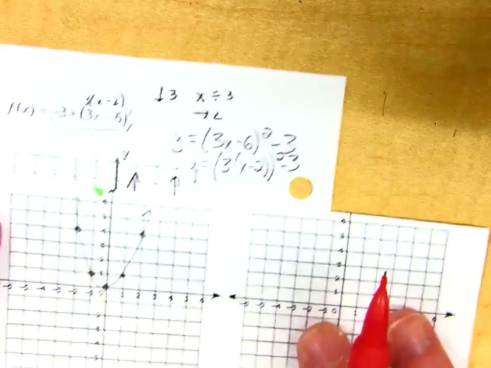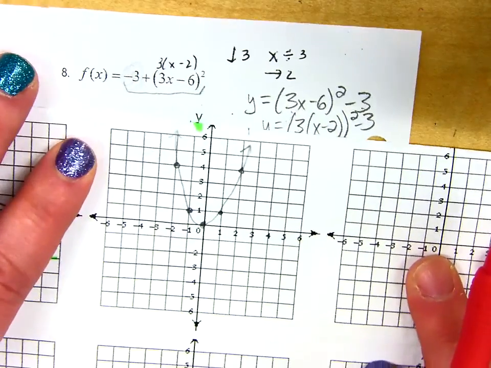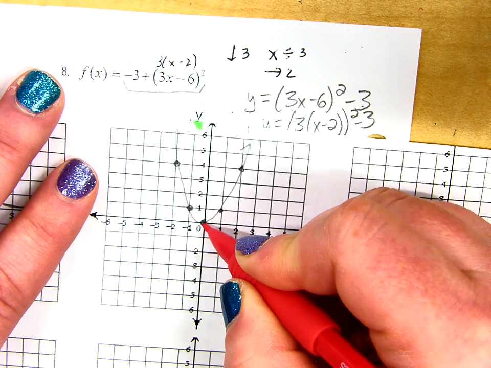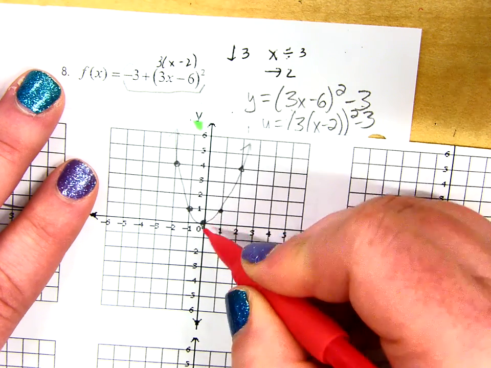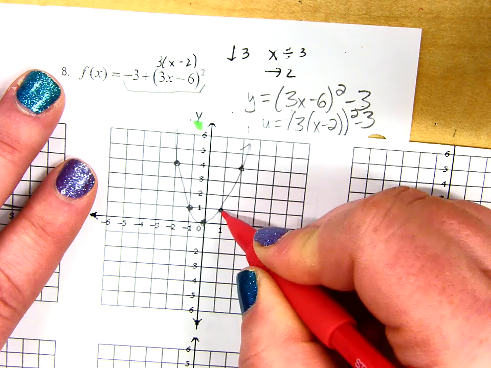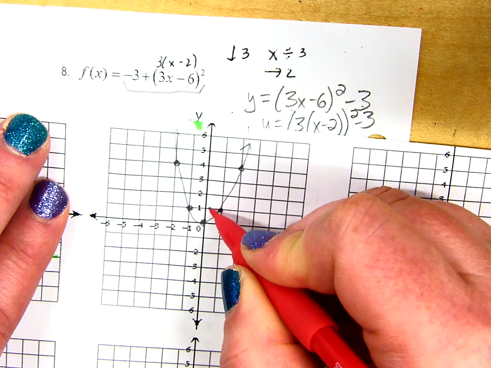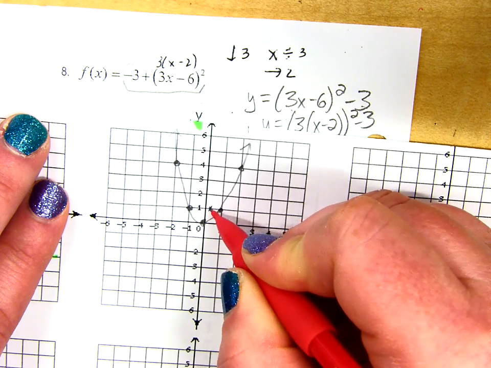So let's look at what that looks like on my parent function. Start with 0, divide it by 3. Okay, you still get 0. Okay, good. This x value is at 1 right now. But if I divide it by 3, where is it? 1/3. So it moves in.